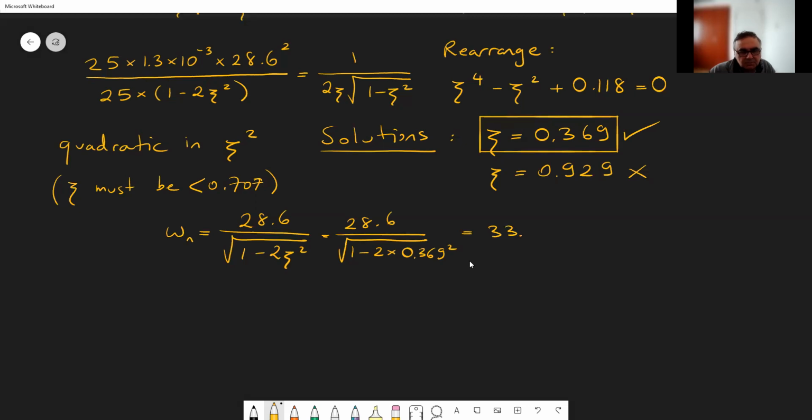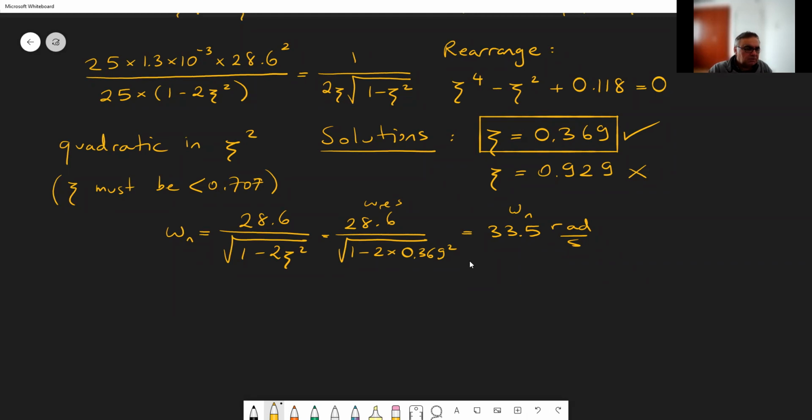So it is 33.5 per second. And you see there is a difference. This is the resonant frequency, and this is the natural frequency. And the difference is not negligible between them because the damping is not very small here. But it is still not very large.